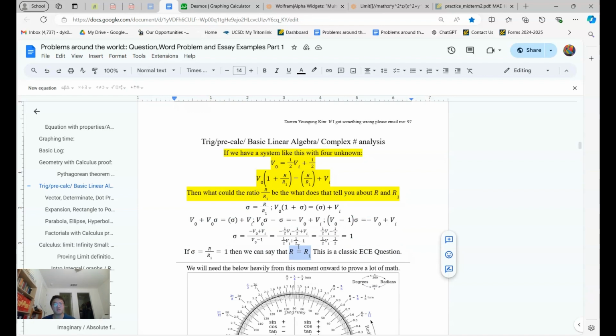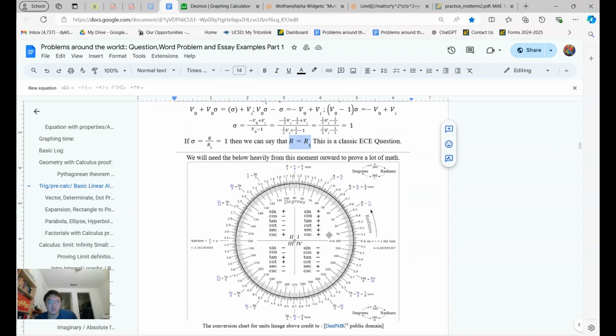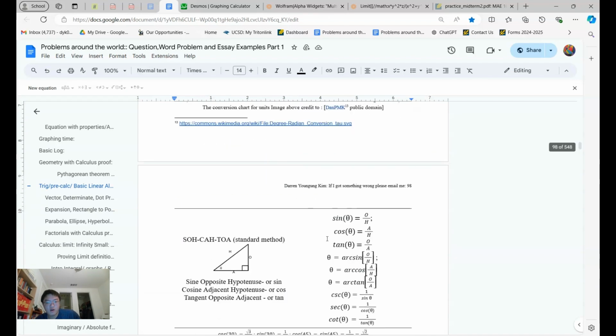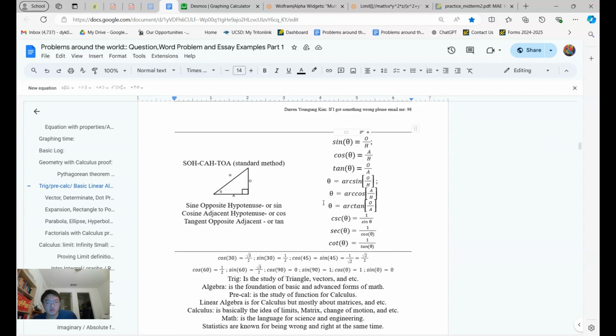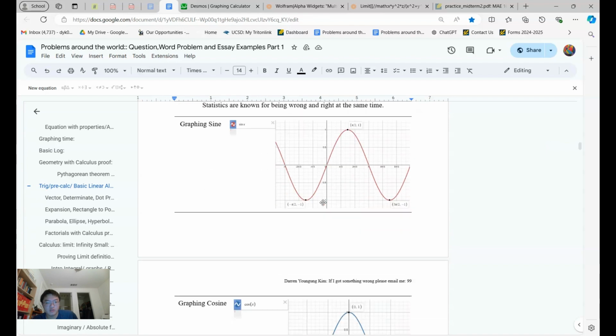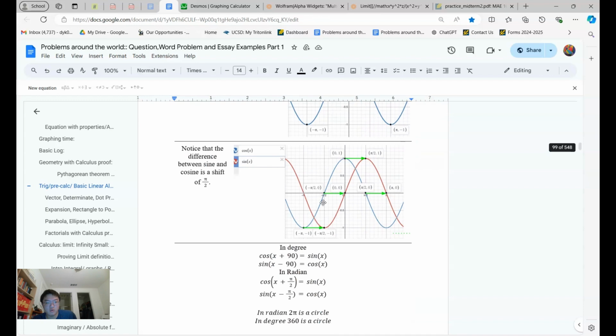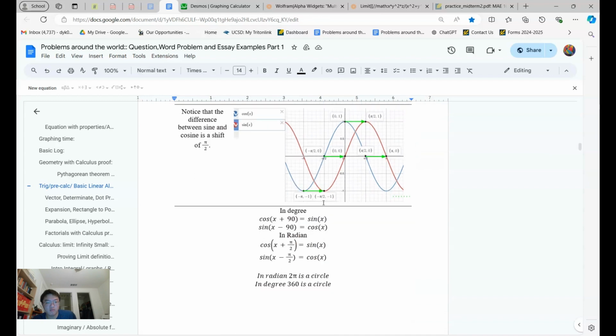Every other one is trivial, so we don't really care, I don't think. We go over here with Sakatoa, which was very useful. Next we just go with the graphs and show all the different properties of it.